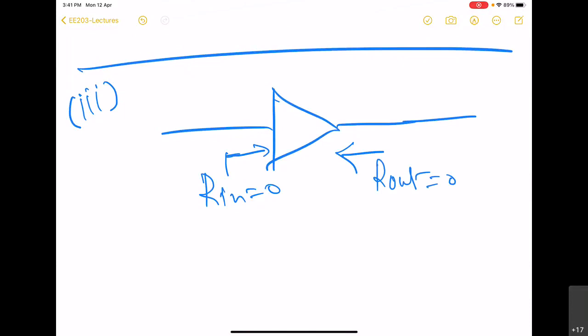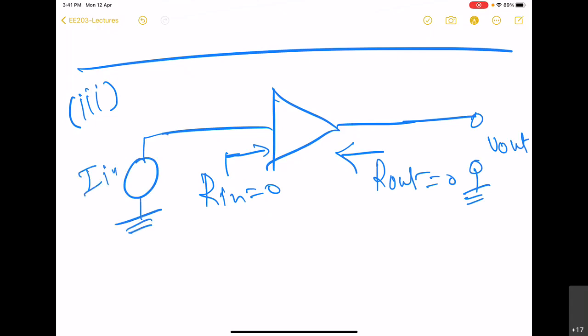So Rout is 0, that means on the output side what we will see is voltage. And on the input side it is going to sense current rather than voltage.